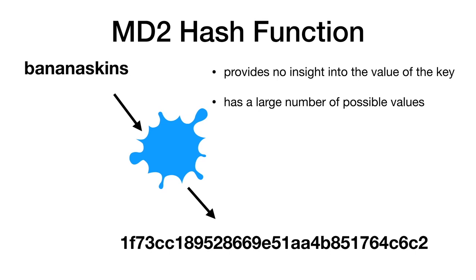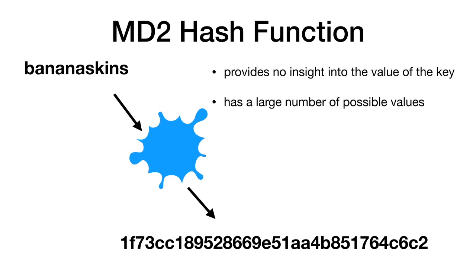So this hash function here, called MD2, if you were to give it banana skins, it would give you this output here. Now, you can actually get the output in two different ways. You can get it as just a block of binary, or you can have it in hex digits here. So banana skins would give you this hash, and you can see here that this is quite a long one.